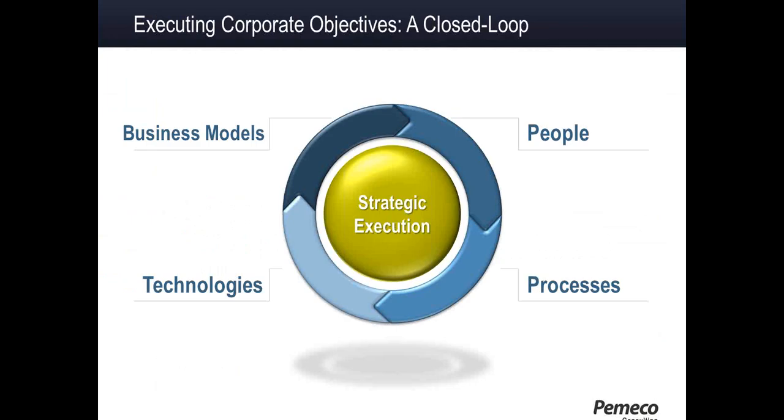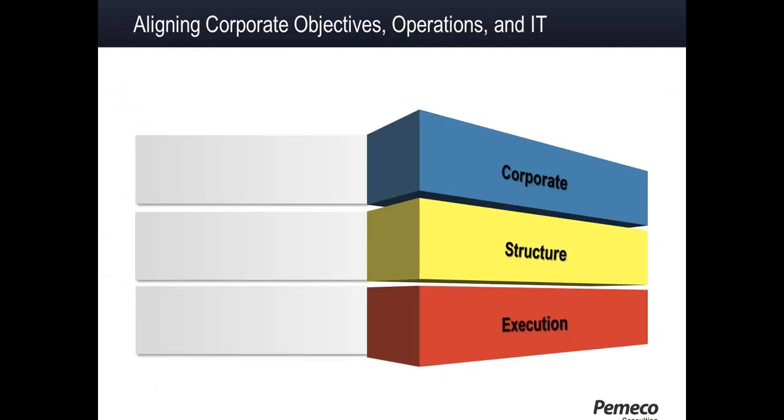And this, in turn, brings to bear the interplay among people, business processes, technologies, and business models. Now, I want to stop here for 1 second because it's important to mention that none of these people, processes, technologies, and models operate in a vacuum. And each is necessarily and inseparably connected to the others.